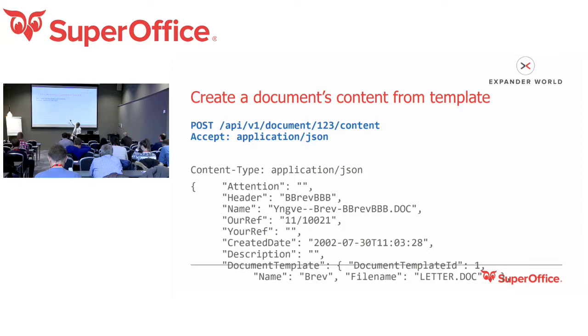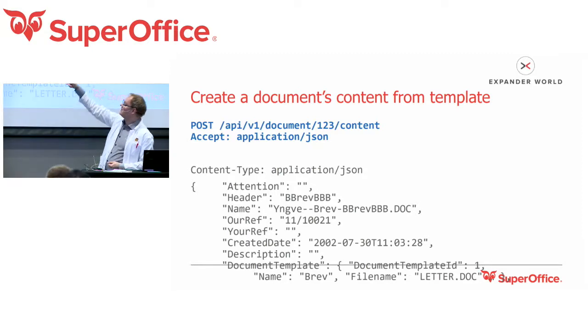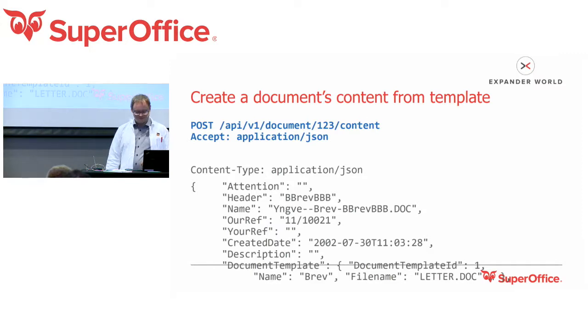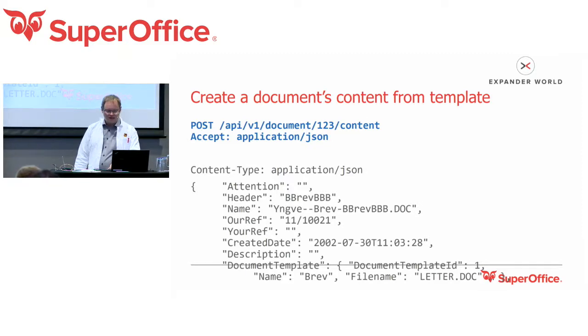So we can say post to document 123 content, and we don't really have to say anything else. We just trigger the server to take the template content and do the substitutions and things on it, and then that gets dumped in there for us. Then we can go get on document 123 content and get the resulting document. So fairly simple.